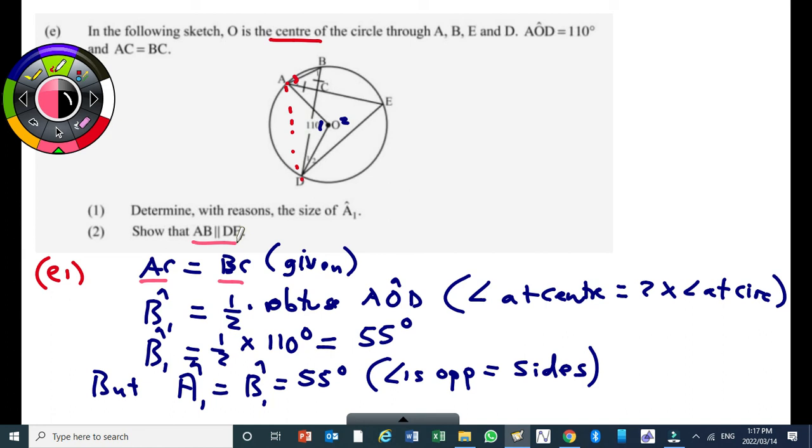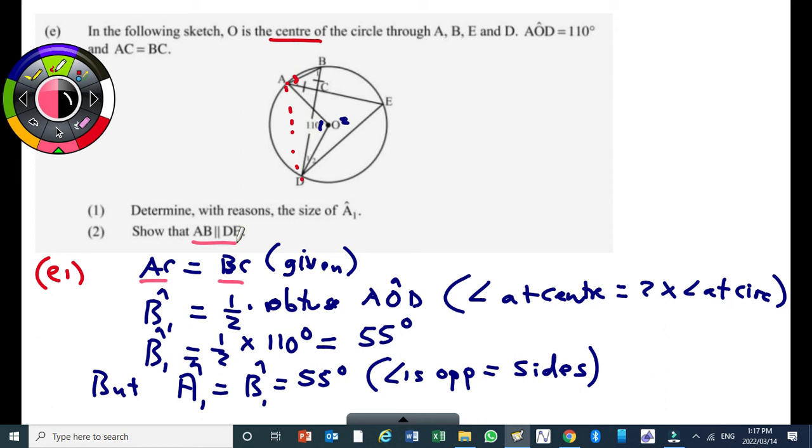Alternate angles that are equal, corresponding angles that are equal, co-interior angles that add up to 180. Furthermore, the midpoint theorem that you did last year. But for this question here, we don't need the midpoint theorem, though there are some questions that you need it.